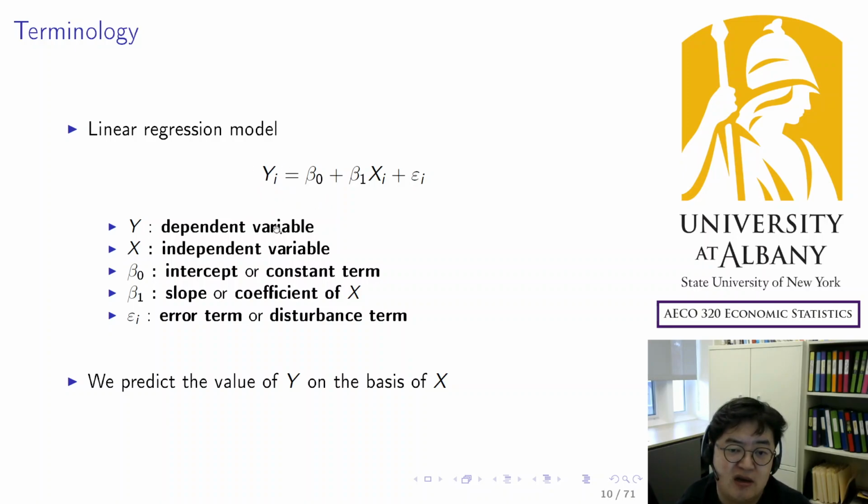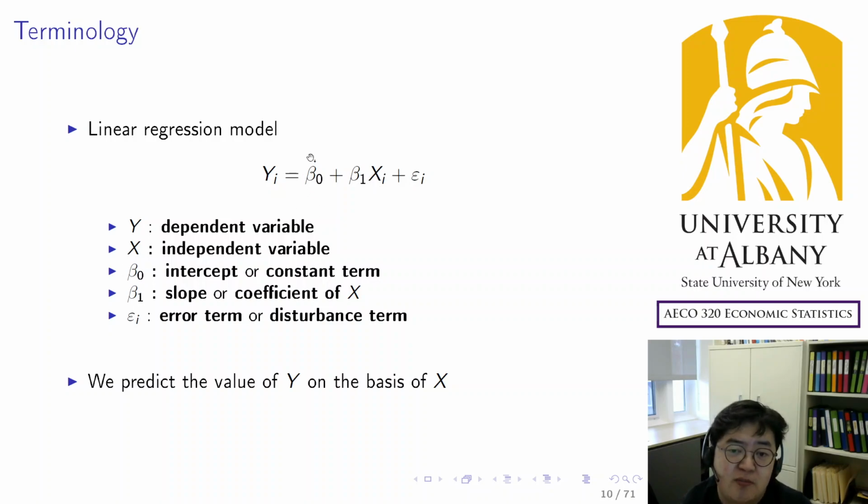And as opposite, X is the independent variable. Sometimes, I don't like it, since dependent, independent is confusing, so I usually say X is the explanatory variable. So X explains how Y is determined. So I also use the term explanatory variable for X.